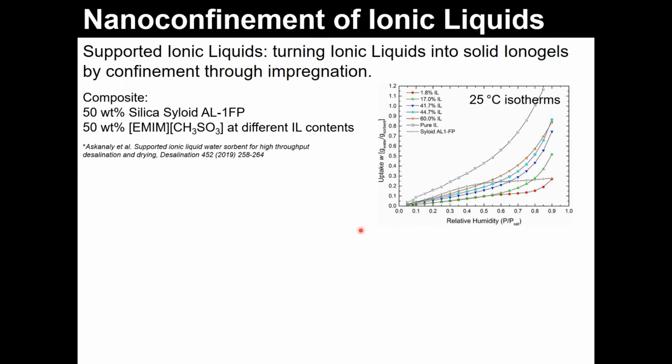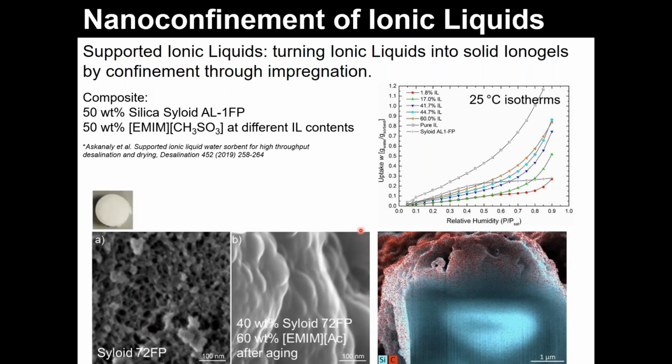Now, if we check through scanning electron microscopy how the material has changed, we see that the pure silica is evidently a porous material. But when we impregnate up to 60%, even with a different ionic liquid, the morphology will be the same.